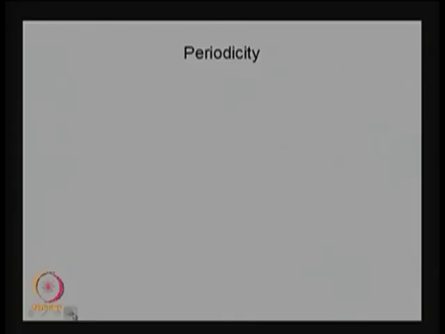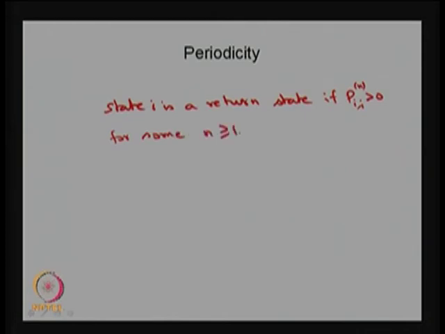Next concept is periodicity. The definition of periodicity goes like this: the state i is a return state if p_ii(n) is greater than 0 for some n greater than or equal to 1.